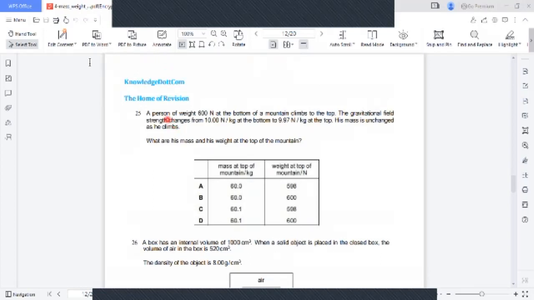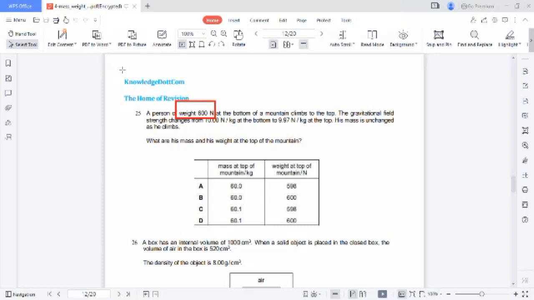Now 25. A person of weight 600 Newton at the bottom of a mountain climbs up to the top. This is the weight of a person, means 600 Newton means 60 kg is expected. 600 is around 60 kg.